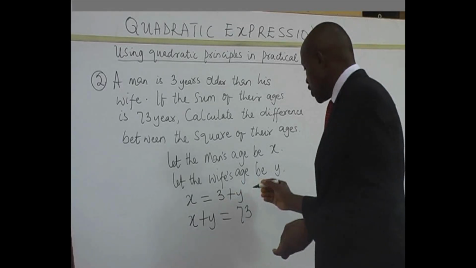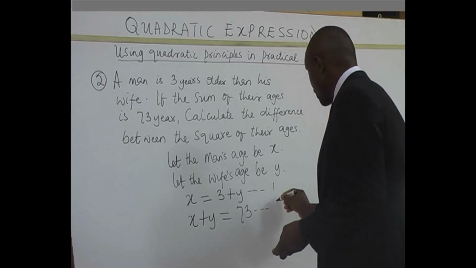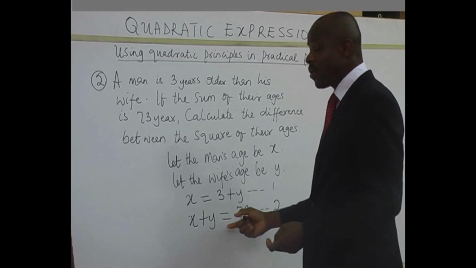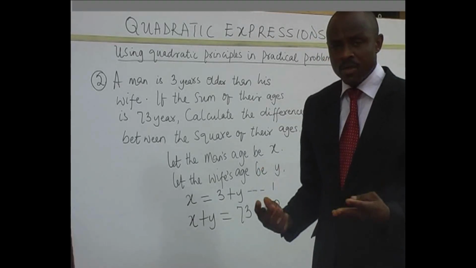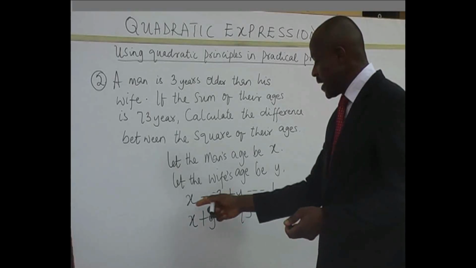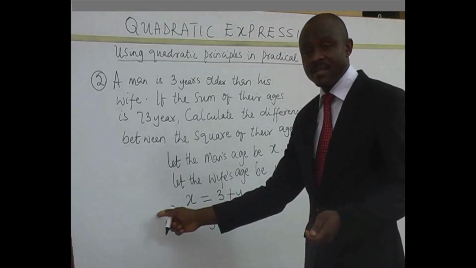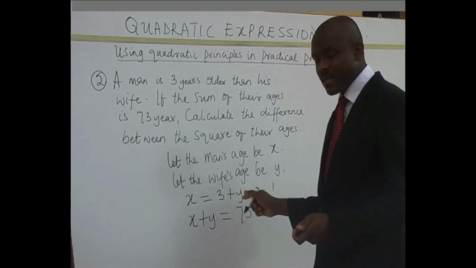Rearrange the first equation, because this is going to be the first equation, while this will be the second equation. This is now going to be a simultaneous equation. Arrange the first equation in such a way that X and Y will appear on the left-hand side, and only a number will appear on the right-hand side.